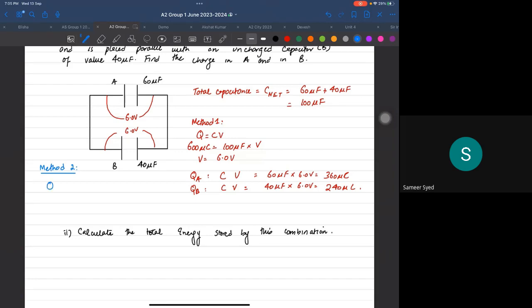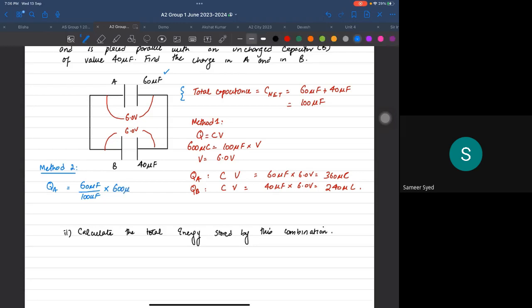So for charge A, once you've done this, remember there's a way. The way is you're going to find the charge on this one. So you put its capacitance on the top and divide it by the total capacitance that is there, which is 100, and multiply it with the total charge that you have available.